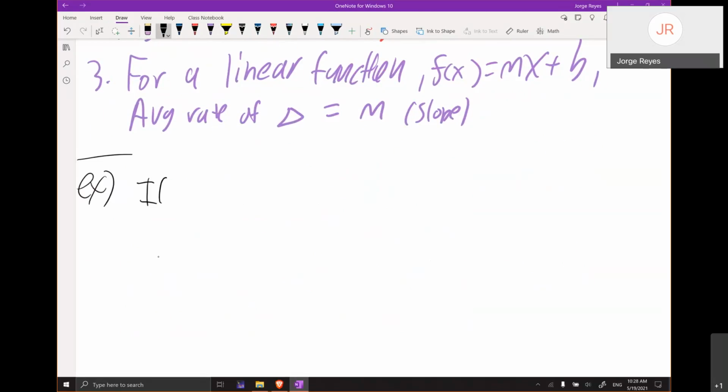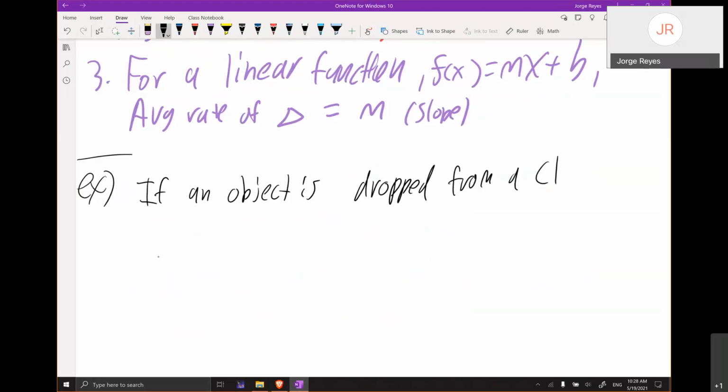Okay, so if an object is thrown off of the side of a building, is dropped from a cliff. So we're dropping an object from a cliff.